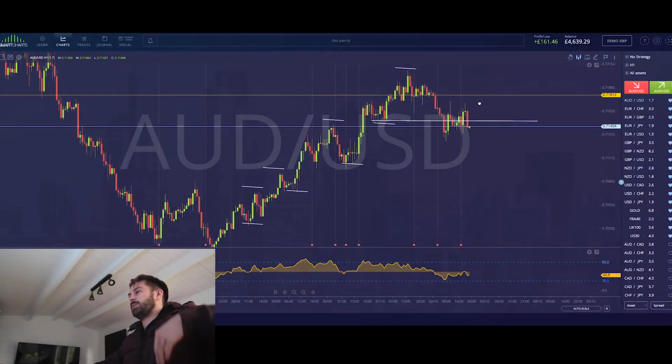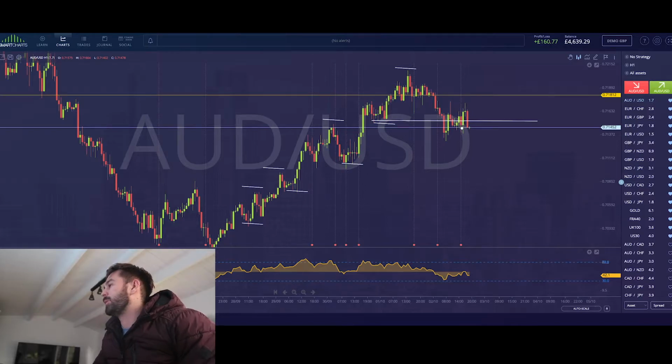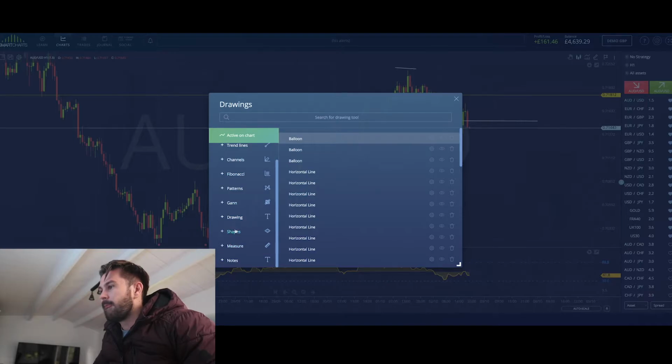So what do we want to do? We can't just assume, oh, we're going to make sales here, because what we want to do is make sure that price doesn't just shoot up after taking all that cash, because there is cash there. So let's just draw that on so I can show you.